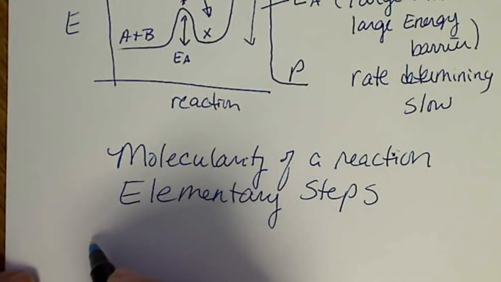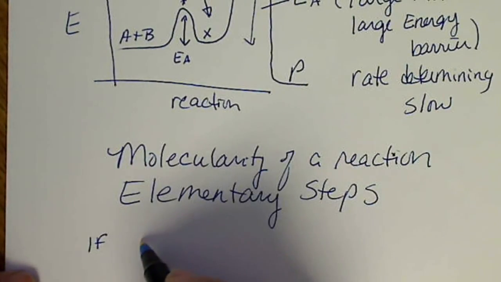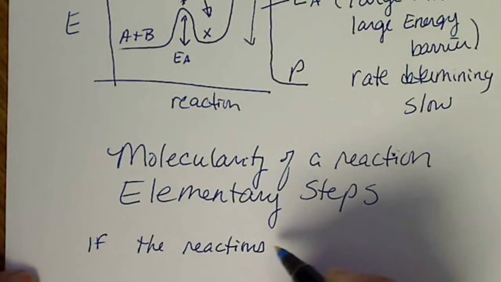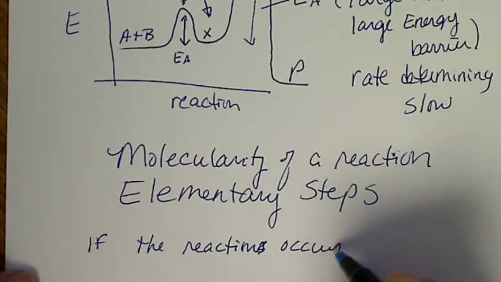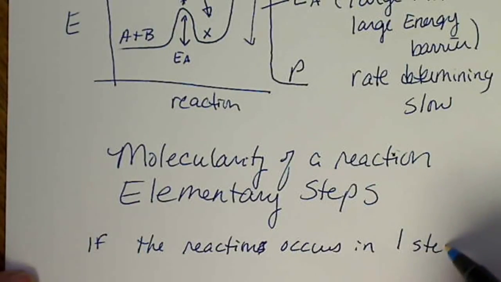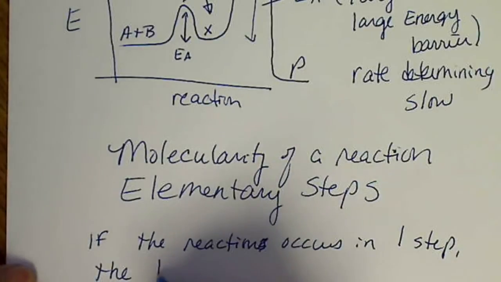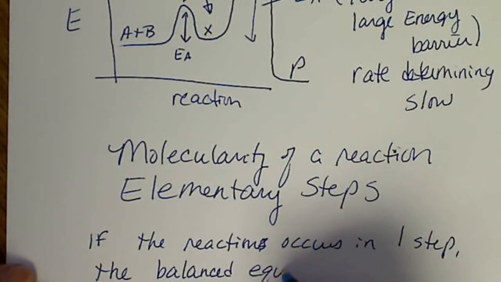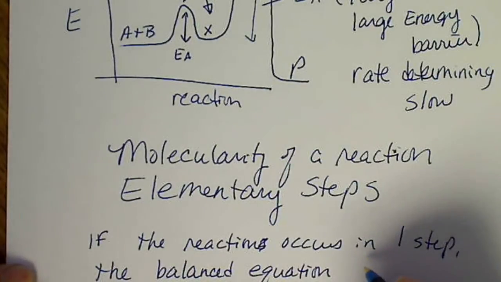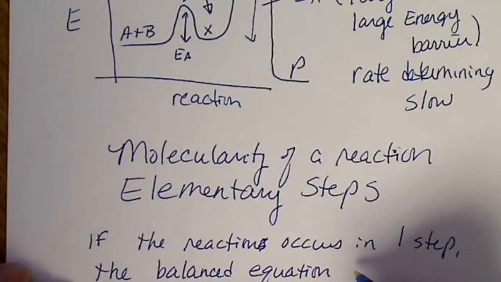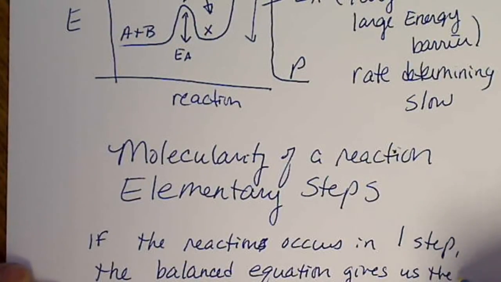So if we have a one-step reaction, so if the reaction occurs in one step, then we can use the balanced equation to write the rate law. So in the balanced equation, it doesn't really determine the rate law, but the balanced equation really gives us the rate law.